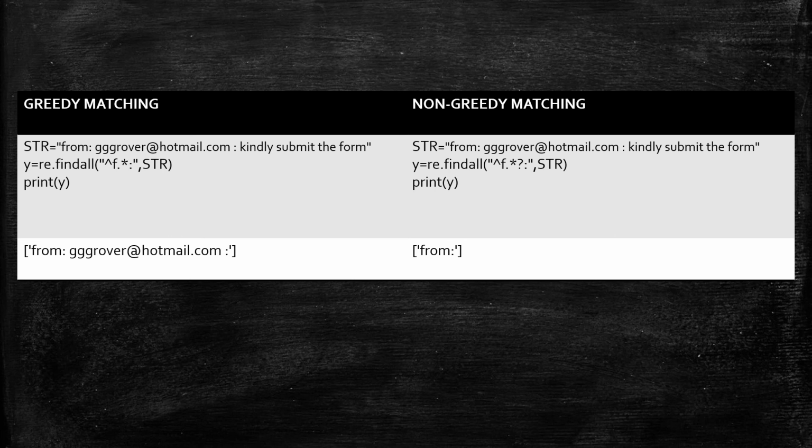And I want to search it in str. Now when I print y, you can see clearly that my search stops at the first colon. So it becomes a non-greedy matching search. So that means I have fine-tuned my string extraction. So it entirely depends on your requirement whether you want to have a greedy match or a non-greedy match.